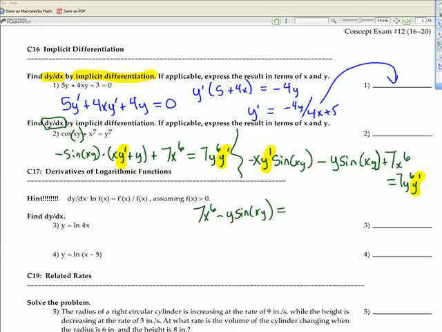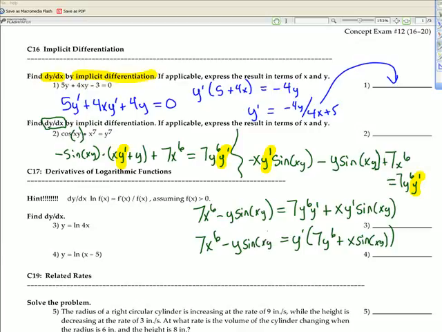And on the right, I've still got my 7y to the 6th y prime, but I've added over the xy prime sine xy. Okay. I'm going to factor out the y prime on the right. That'll give me a 7y to the 6th plus x sine xy. And on the left, everything's the same.